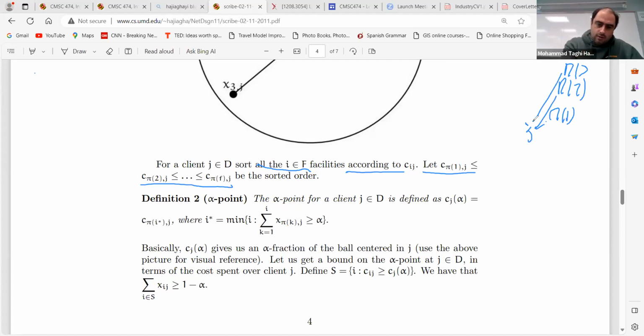The second thing that I want to define is the concept of alpha point. The alpha point for a client j is defined as Cj(alpha), which is equal to c of pi(i*)j. What is i*? i* is the index such that if you sum the xij's according to this order, according to the pi's, up to i*, the sum of the xij's is greater than or equal to alpha.